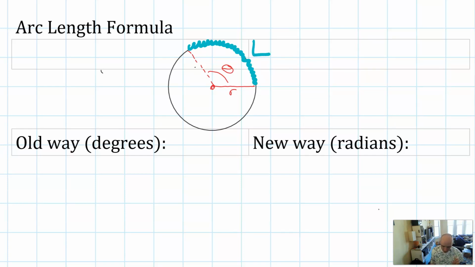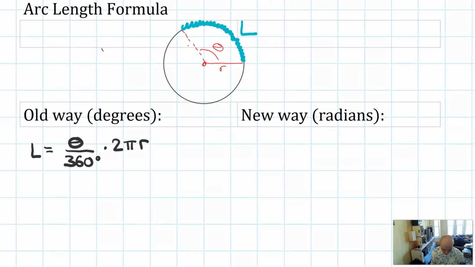The old way in degrees is, I think, the formula goes like this: the length of the arc is theta over 360 times 2 pi r.